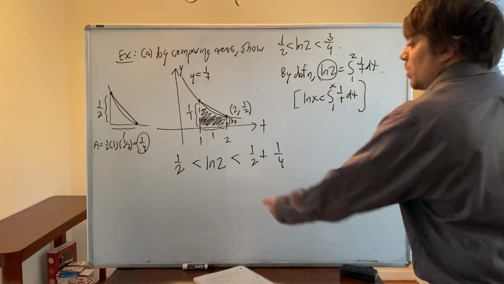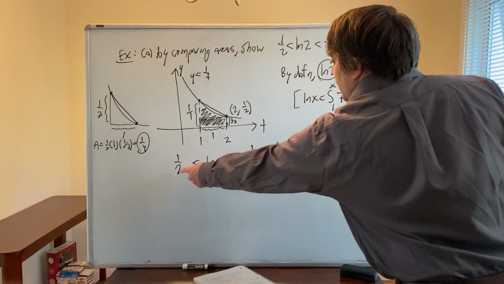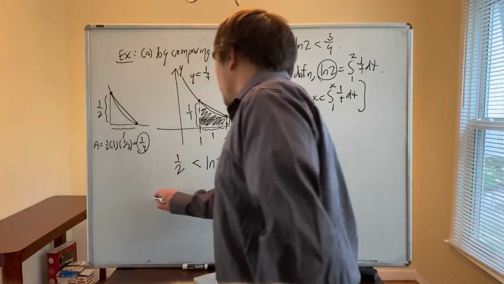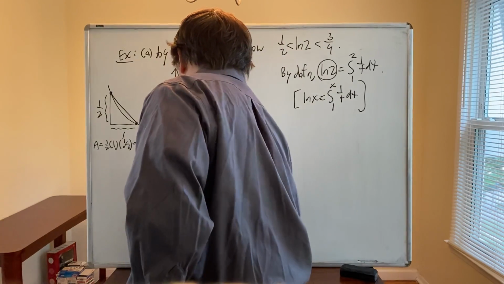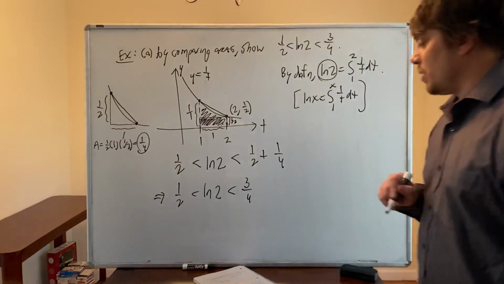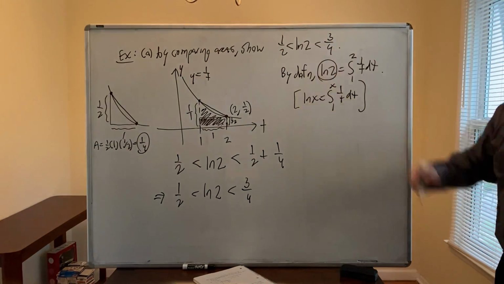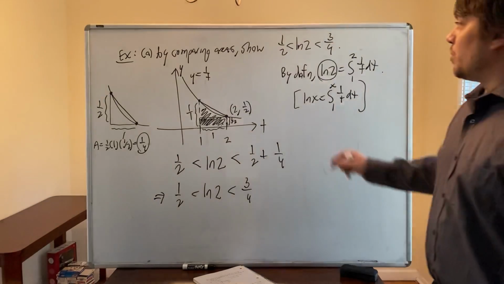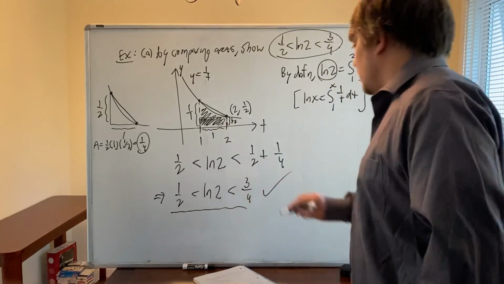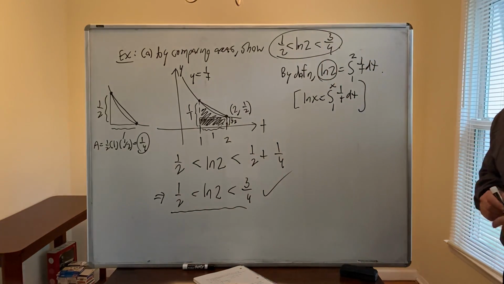So ln 2 is strictly greater than 1/2 and strictly less than 1/2 plus 1/4. Therefore, 1/2 is less than ln 2, less than 3/4. 1/2 plus 1/4 is 3/4. And so we get the inequality here that we want to show. We want to show this, and we got that right here. We're done with part A.